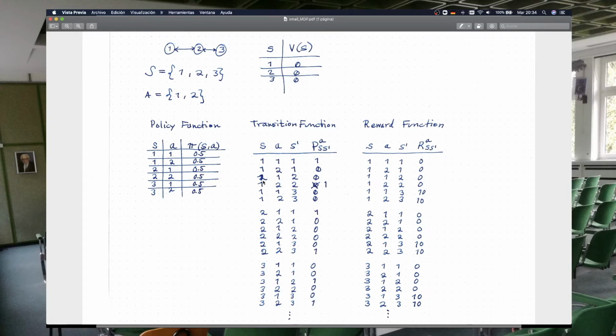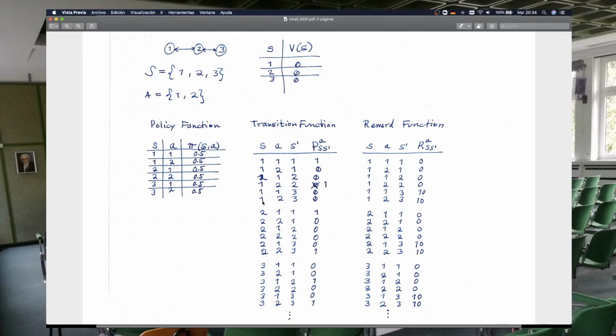Like this would be the second possibility for that state. If we are in state 1 and we go right, we will move to state 2 with probability 1. Okay. All the other combinations are impossible.